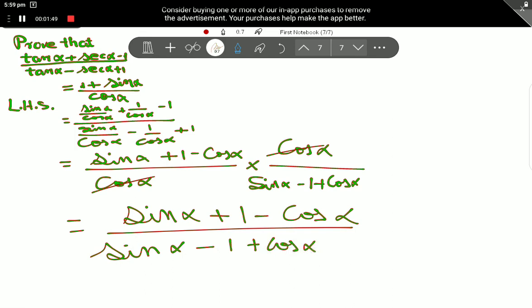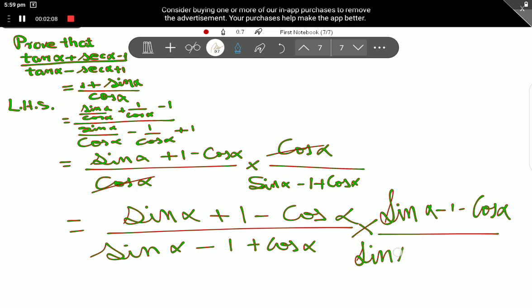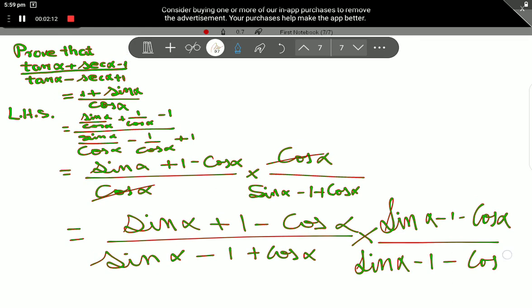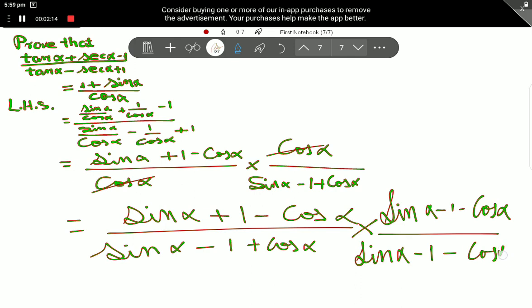But we don't have the exact expression, so what we do is we multiply numerator and denominator by sin alpha minus 1 minus cos alpha.